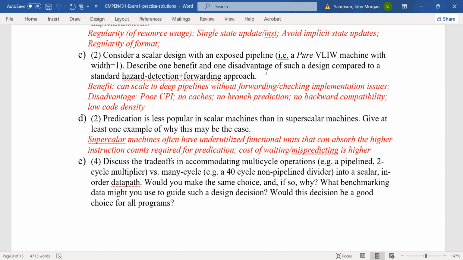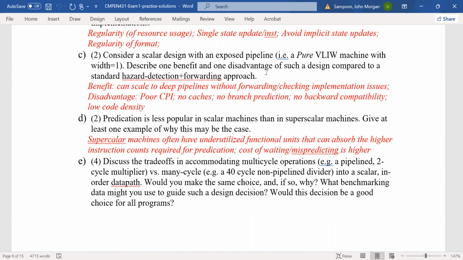So even if you weren't going wide, exposing the pipeline, exposed microarchitectures in general would allow you to build a machine that doesn't do a bunch of checks, and you could actually scale really, really deep and let the compiler do all the work for you. Is it probably a good idea for anything other than some very, very niche applications?